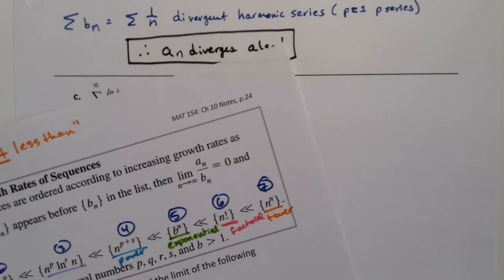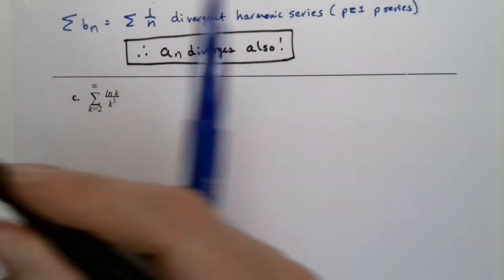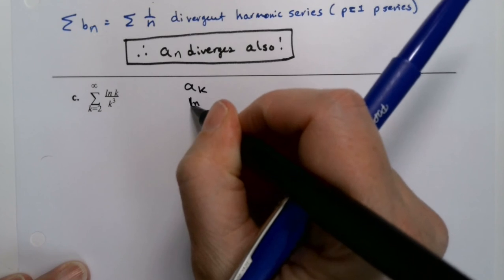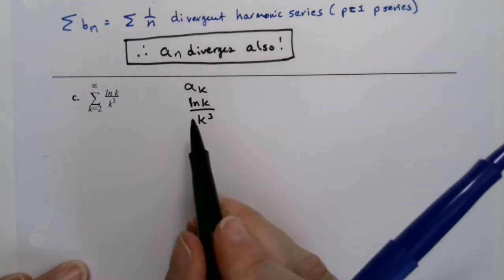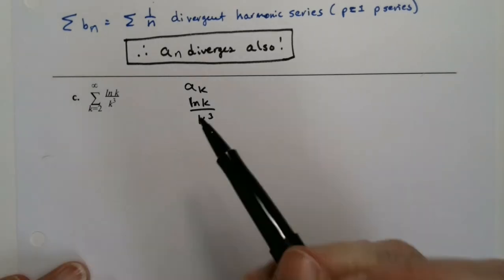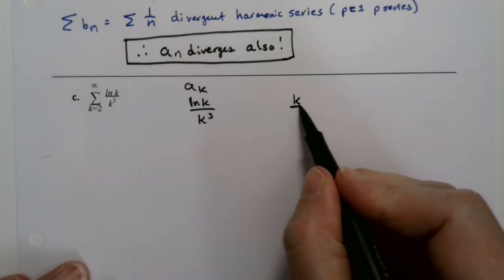So if you look at our particular problem, my a sub k, we're back to k on this one, a sub k is natural log of k over k cubed. And then I'm thinking to myself, well, I know that the natural log of k is significantly less than k.